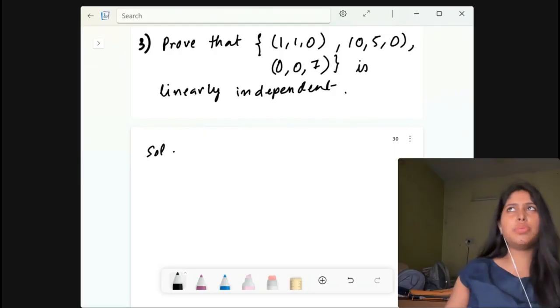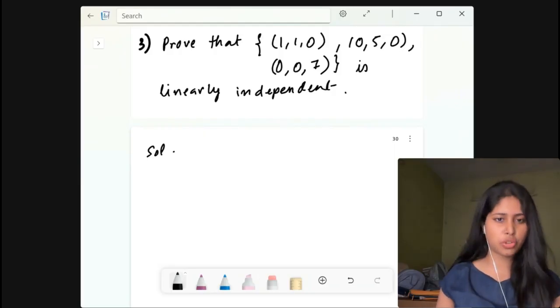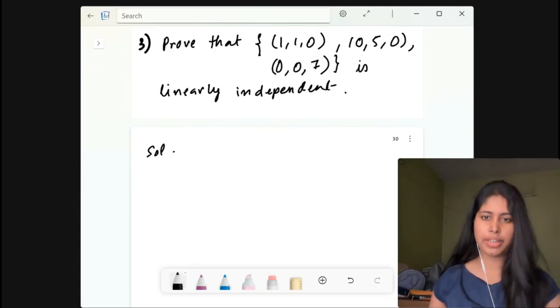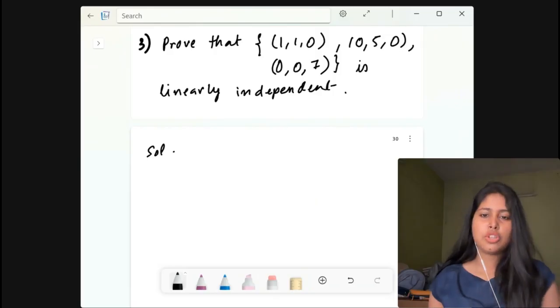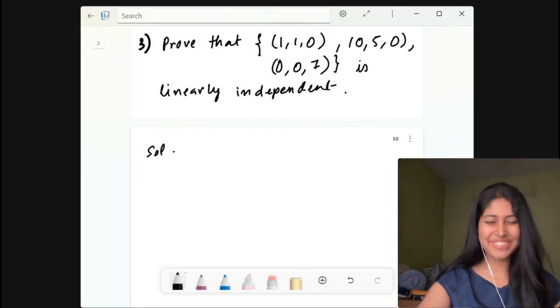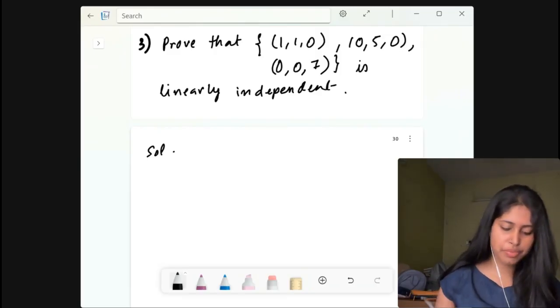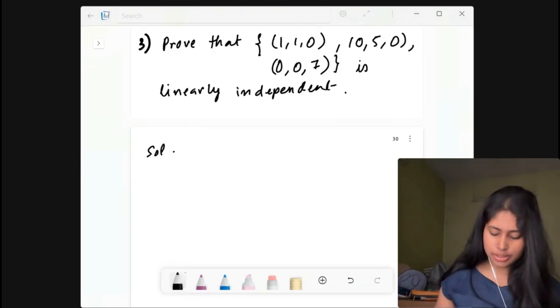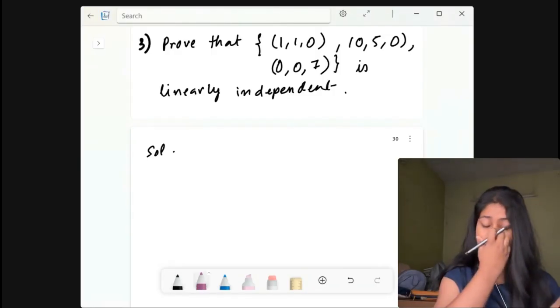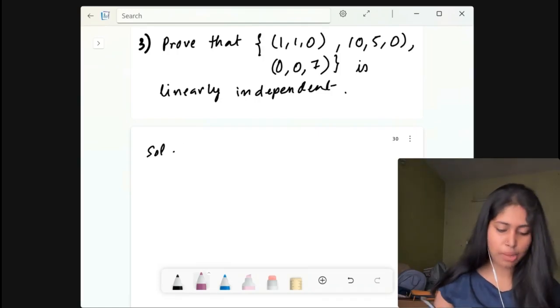If we see that this solution exists, then we can say these are linearly independent vectors. Let us see how to prove this. Same way only, just the condition will be different.